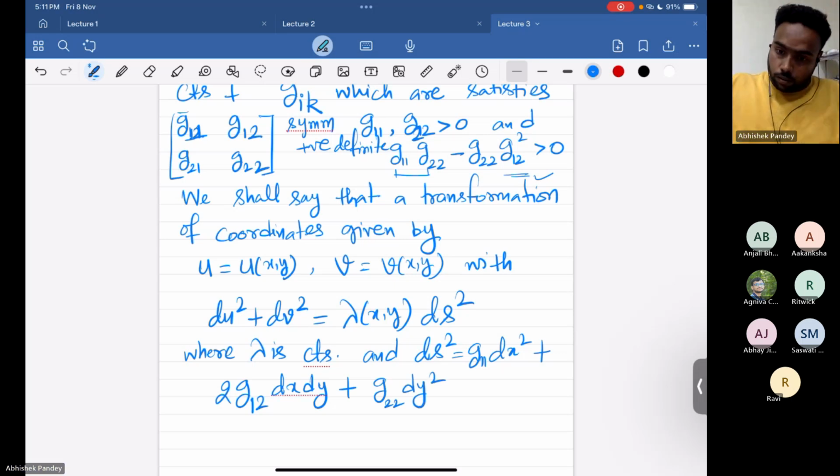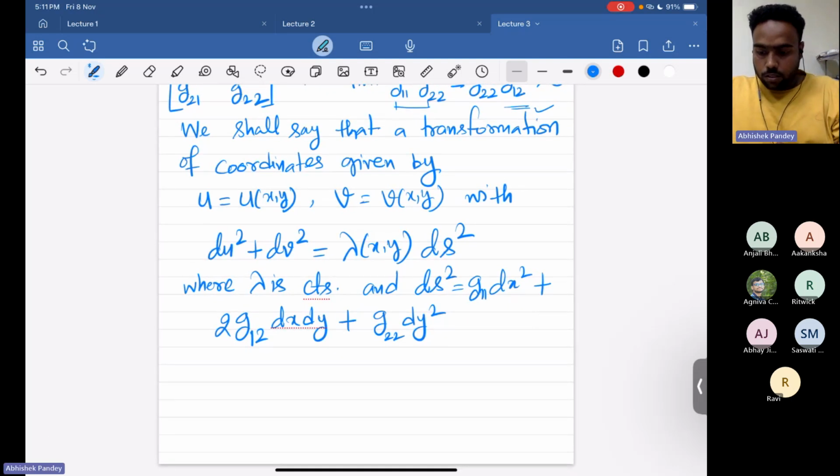So such a coordinate transformation u and v satisfies this.